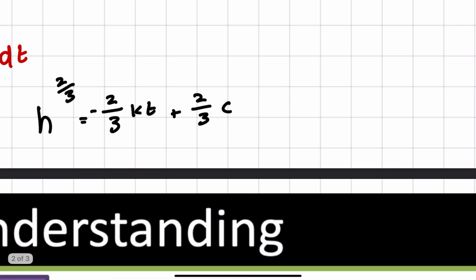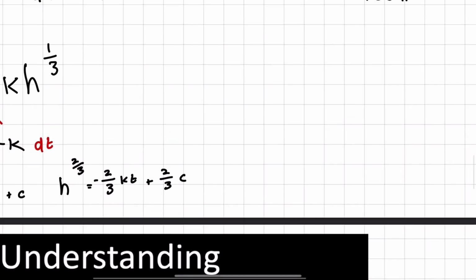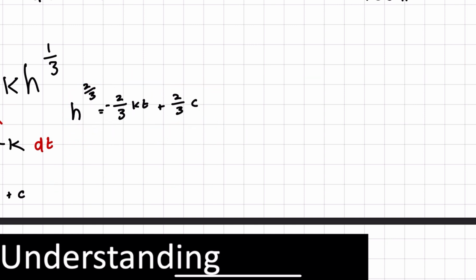Okay, and now we're going to raise everything to the power of 3 over 2. So h equals, put this all in a bracket, minus 2/3 kt plus 2/3 c, all to the power of 3 over 2. And there we are.